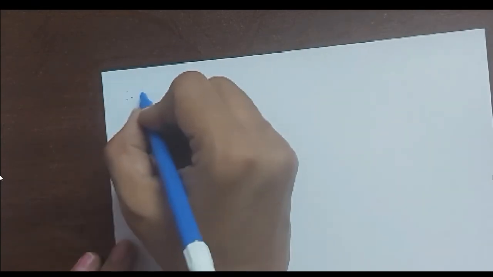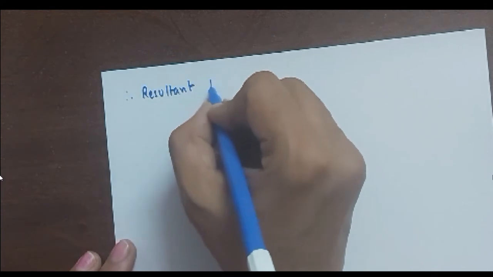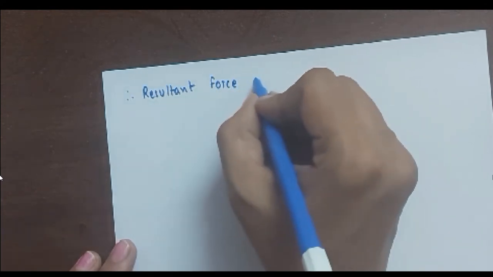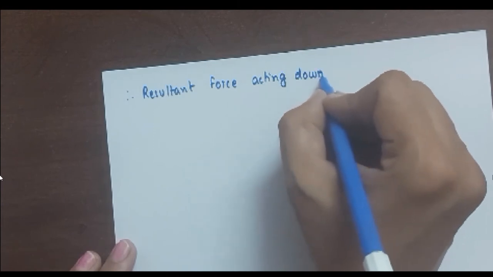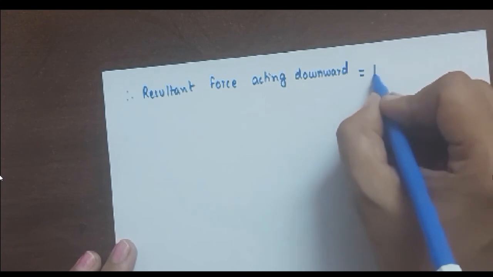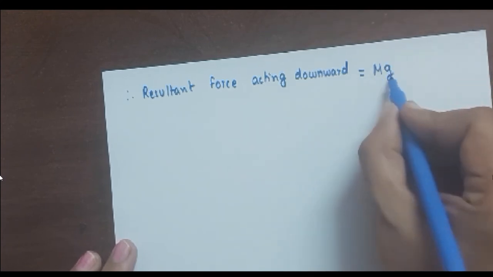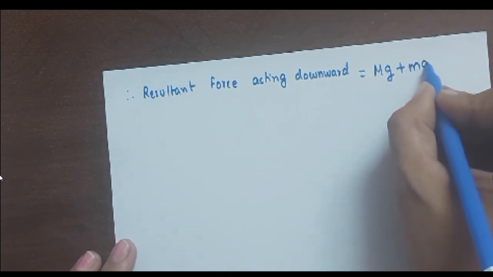Therefore, the resultant force acting downward is equal to one weight due to Mg and the other because of the part mg.